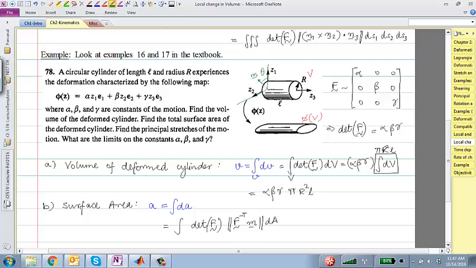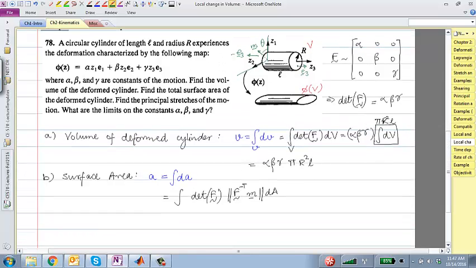What is the normal to the top, or let's say the right face? It's E3, right? E3 is the normal to this face, and minus E3 is the normal to the left face. I'll write those two normals as well. And we will need to express this M for the curved surface.